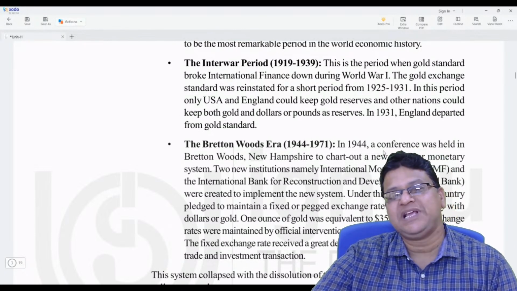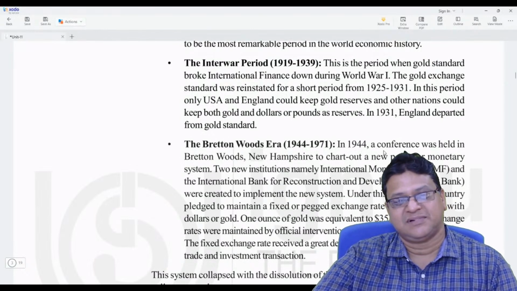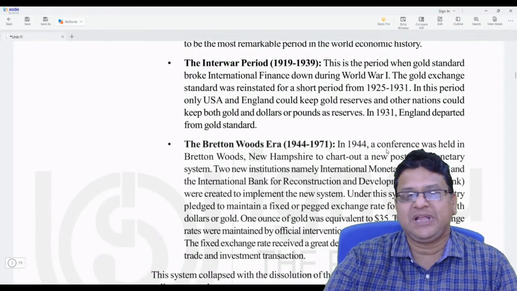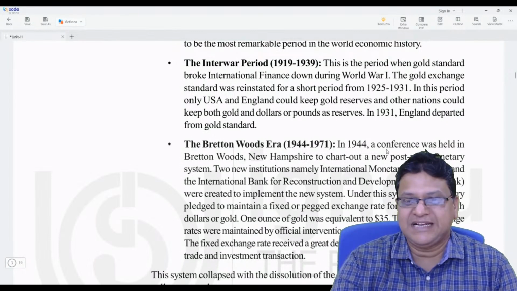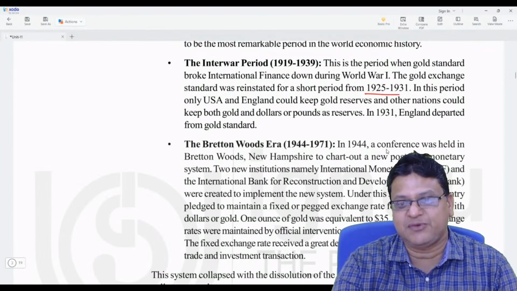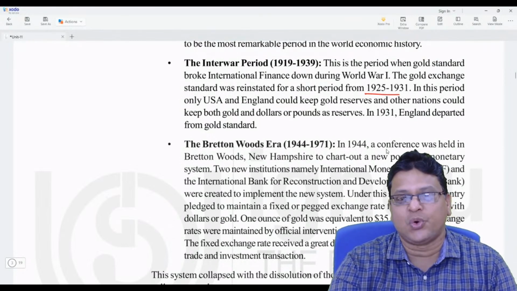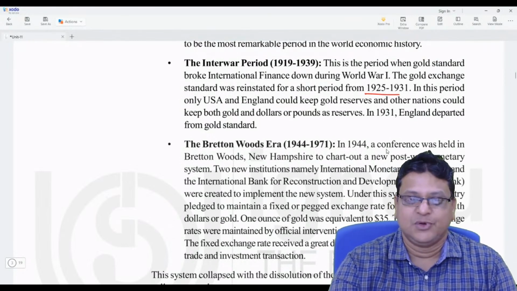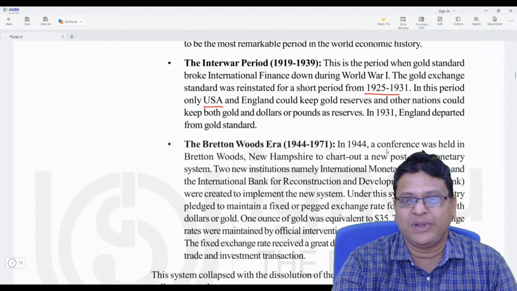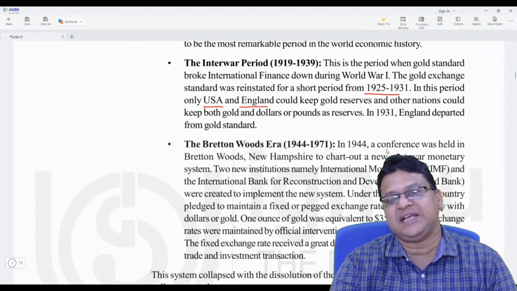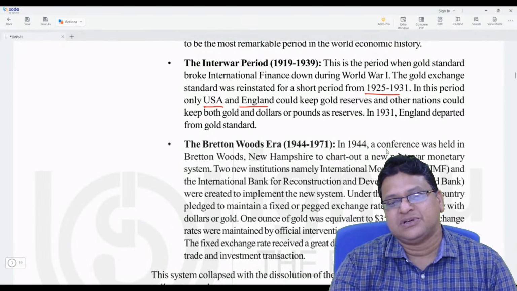Every country wanted to be self-sufficient. So what happened after the war, from 1925 to 1931? Again, Britain tried to restore the gold standard. Only two countries were following the gold standard, US and England, because they were doing trade under the gold standard.